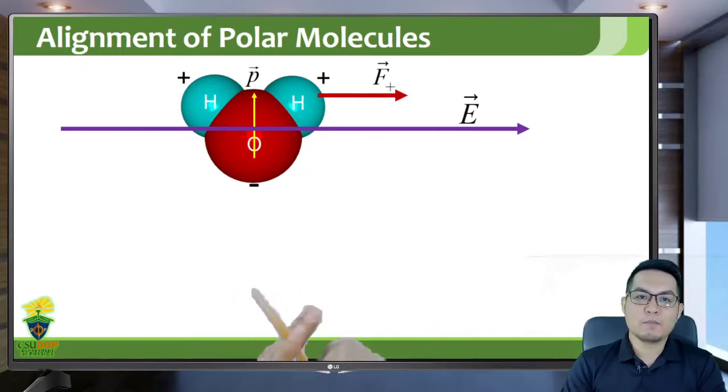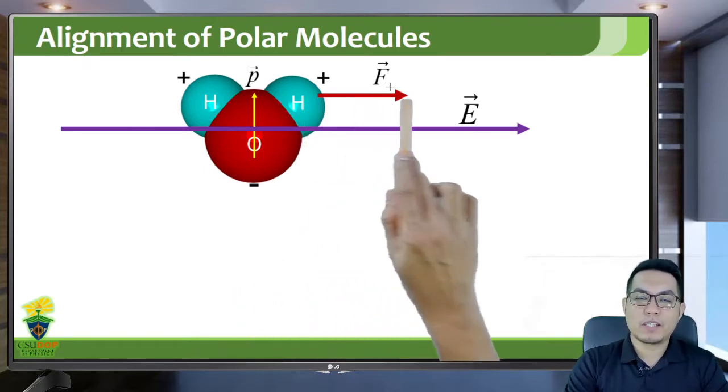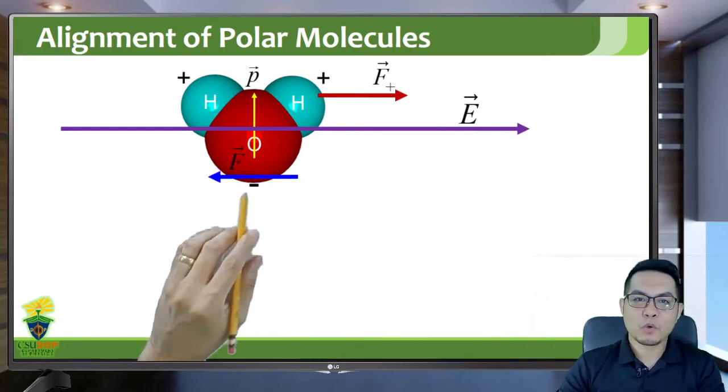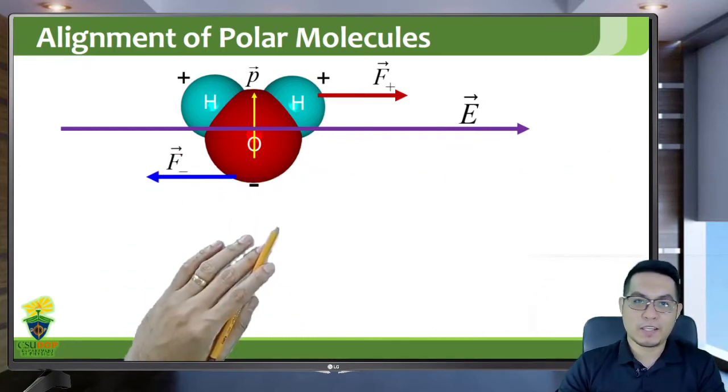So the positive end will be pushed along the direction of the field, while the negative end will be pushed in the opposite direction.